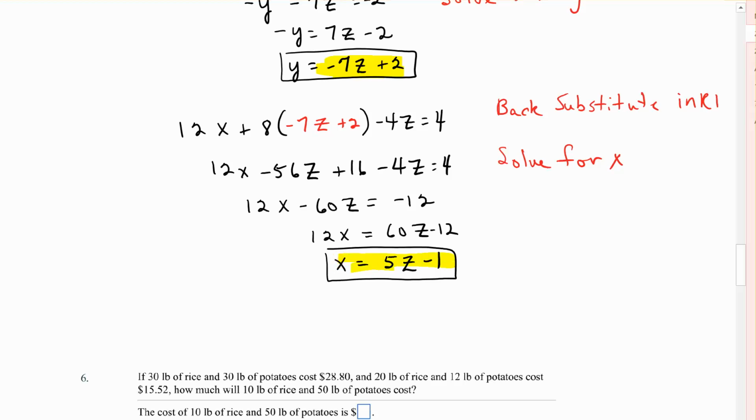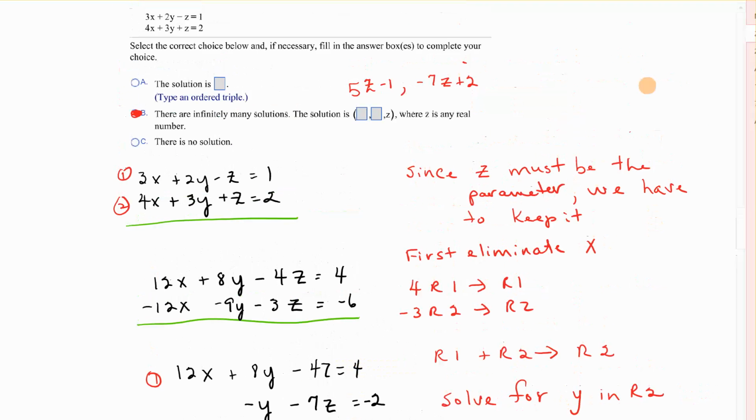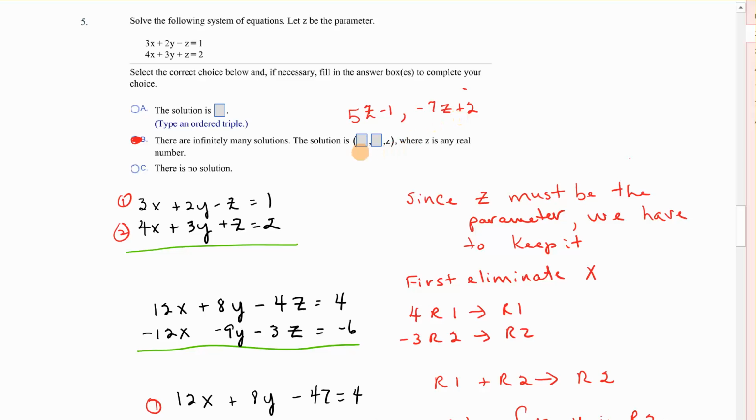That is what x is. So z could be any real number, and then y would have to be -7 of whatever z was plus 2, and x would have to be 5 times whatever z was minus 1. And you can see that those go in the boxes right there. Infinitely many solutions, and then you put your x, comma, and then your y value.